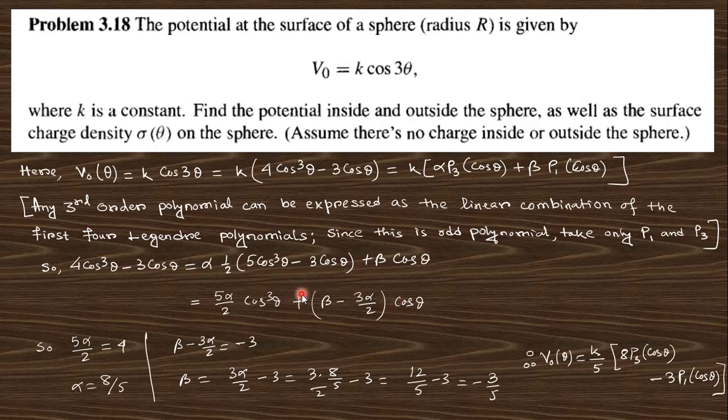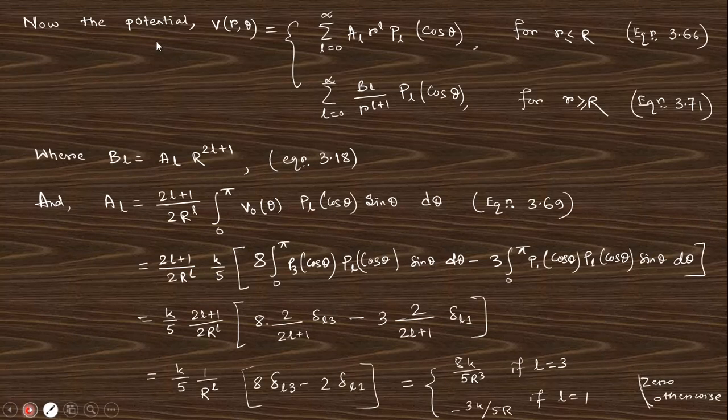Just compare the coefficients of cos theta, and you will get this expression. So finally you will get this V0 in terms of the polynomials, so V equals that in terms of P.